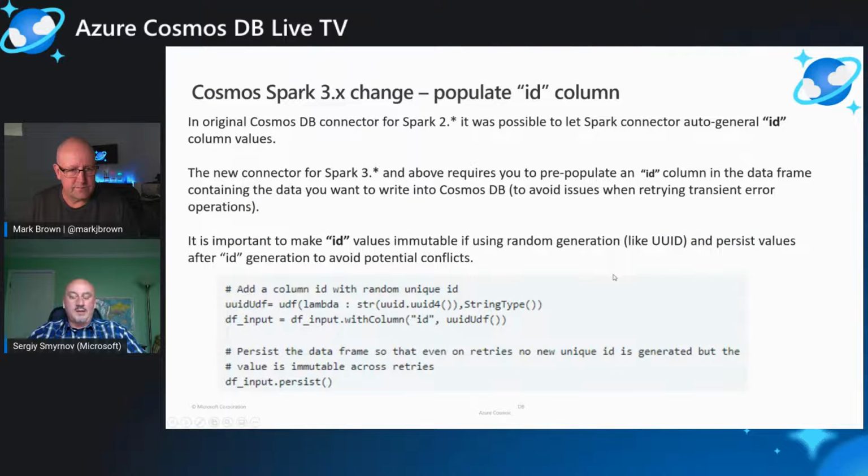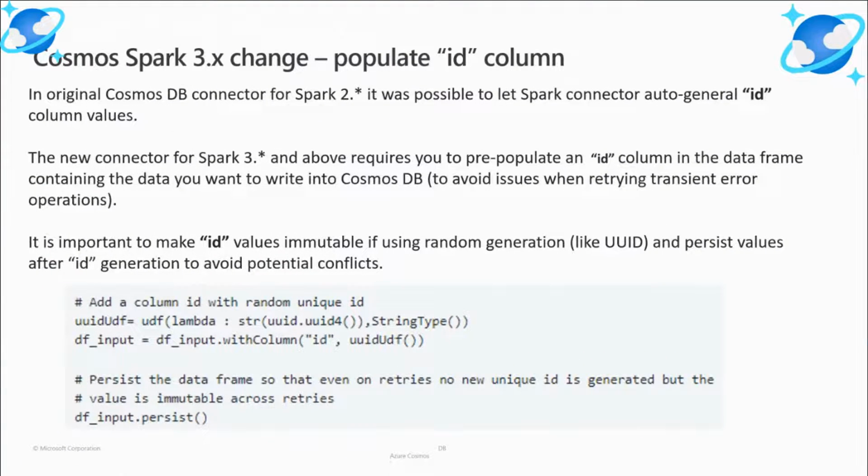So one other change in Spark 3.x is that in the original connector, it was possible to let Spark auto-generate ID column values. Within Cosmos, we need that ID column in a data frame to either preset it explicitly, because the partition key and ID give us a built-in unique key constraint to uniquely identify the document.